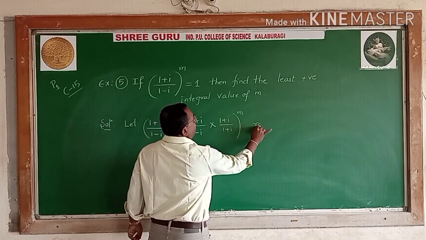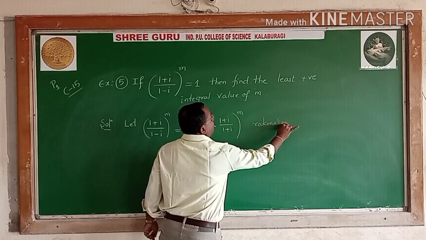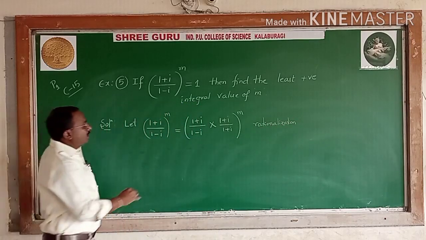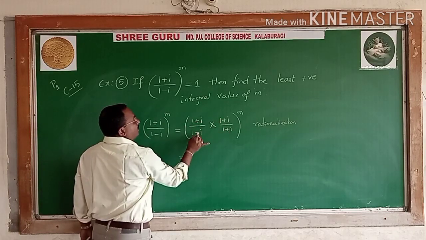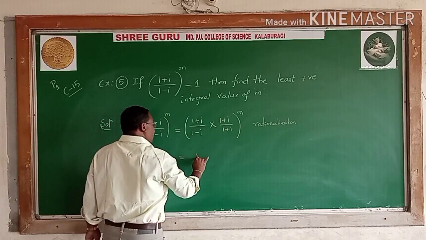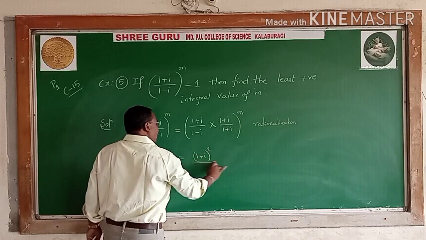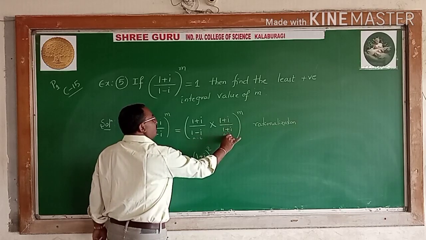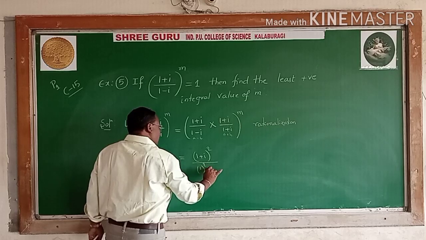By applying rationalization, the numerator is the product, 1 plus i whole square. The denominator is a minus b times a plus b, which is a square minus b square.